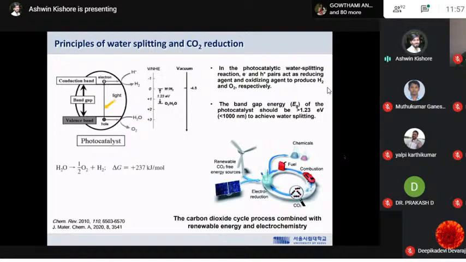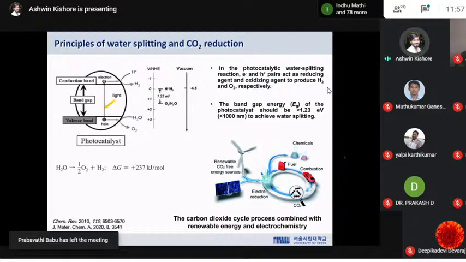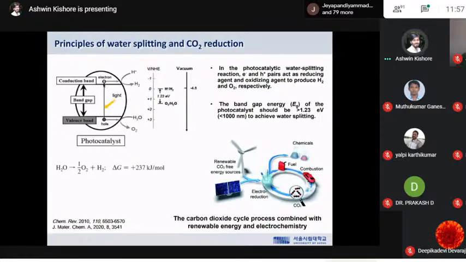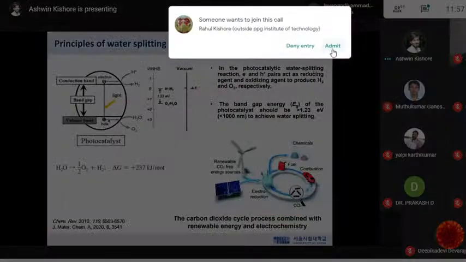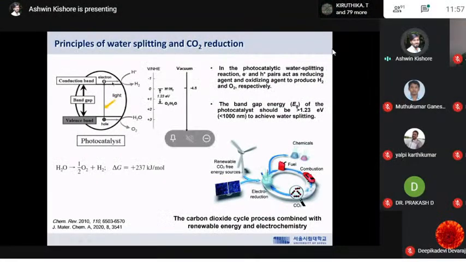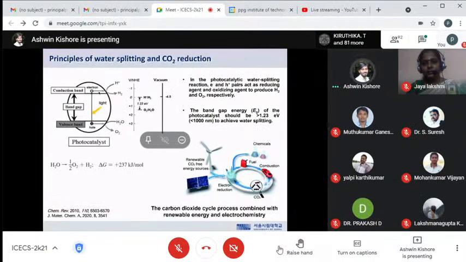The fundamental principle of water splitting is, when sunlight is irradiated on the semiconductor or photocatalyst with a photon energy greater than or equal to the band gap energy, the electrons from the valence band get promoted to the conduction band. These photo-generated electrons and holes migrate to the surface where they participate in the redox reactions.